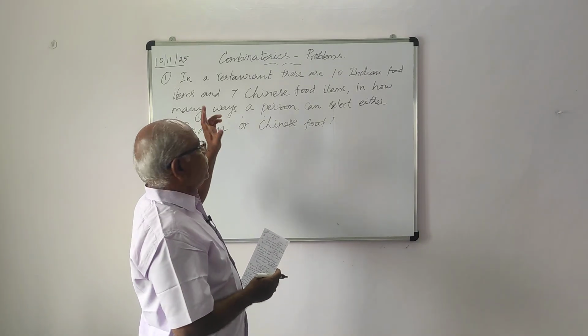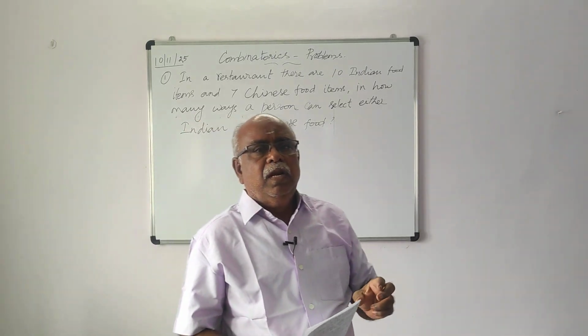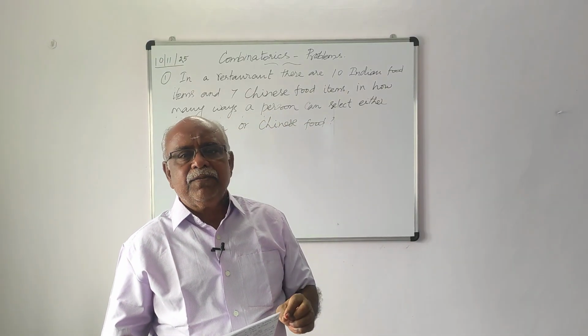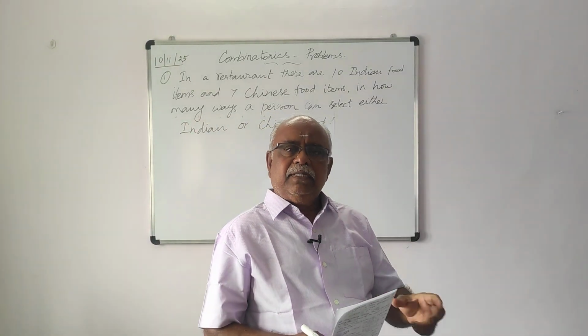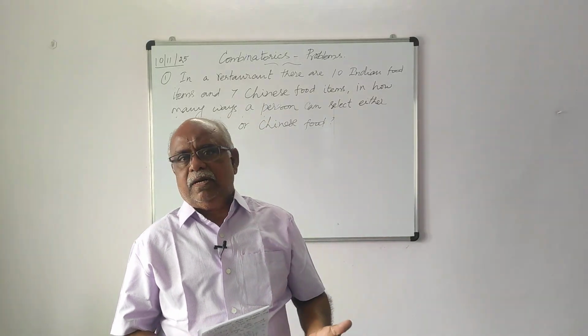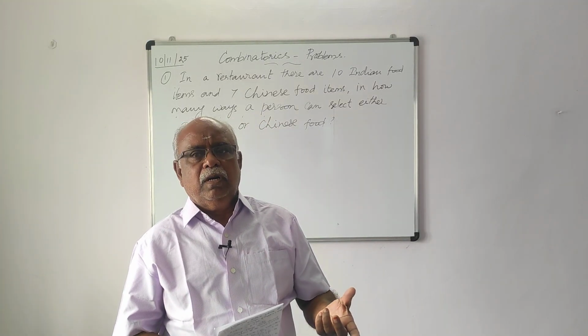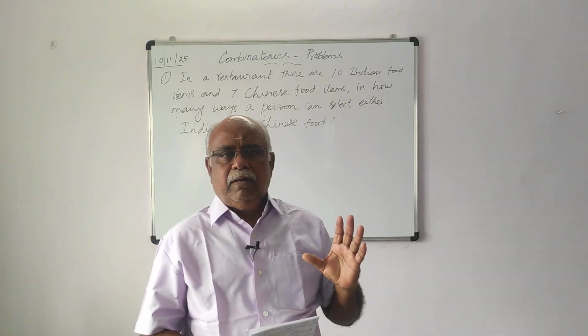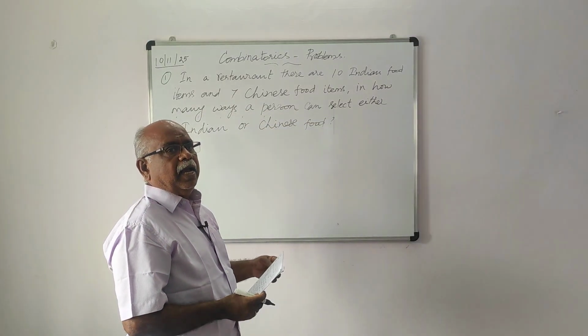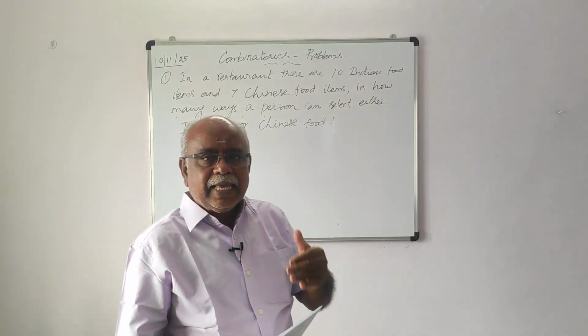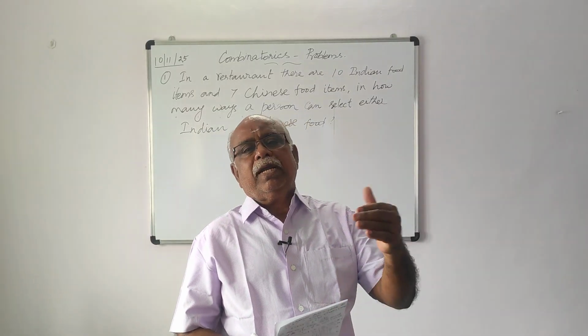First problem: in a restaurant, there are 10 Indian food items and 7 Chinese food items. A person went to the restaurant and ordered dinner. In how many ways can the person order either an Indian food or a Chinese food?